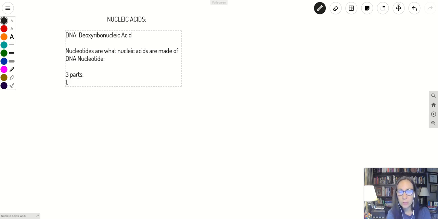First part is called a phosphate group. As I list them, I'm going to draw them so you can see. I'm going to draw each part a different color. Just for the sake of keeping things simple, I'm just going to draw a P for phosphorus, and draw a circle around it.